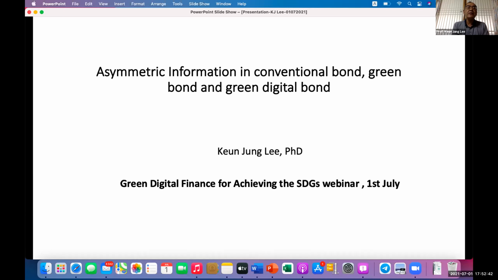Today, I would like to explain asymmetric information in conventional bond and green digital bond. I chose this topic because I would like to make a framework for digitizing green digital bond issuance under information asymmetry. You already know what asymmetric information means, so I will not explain the detail.